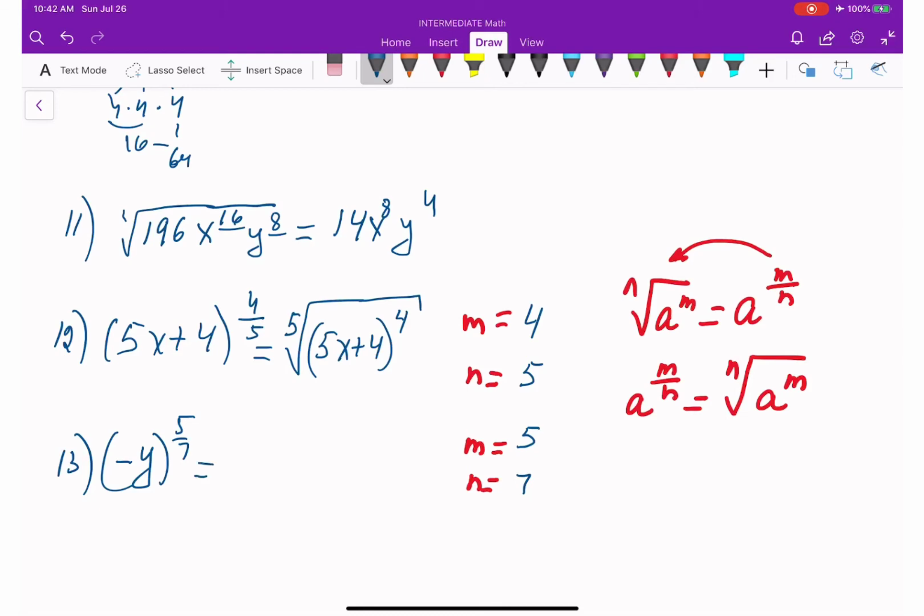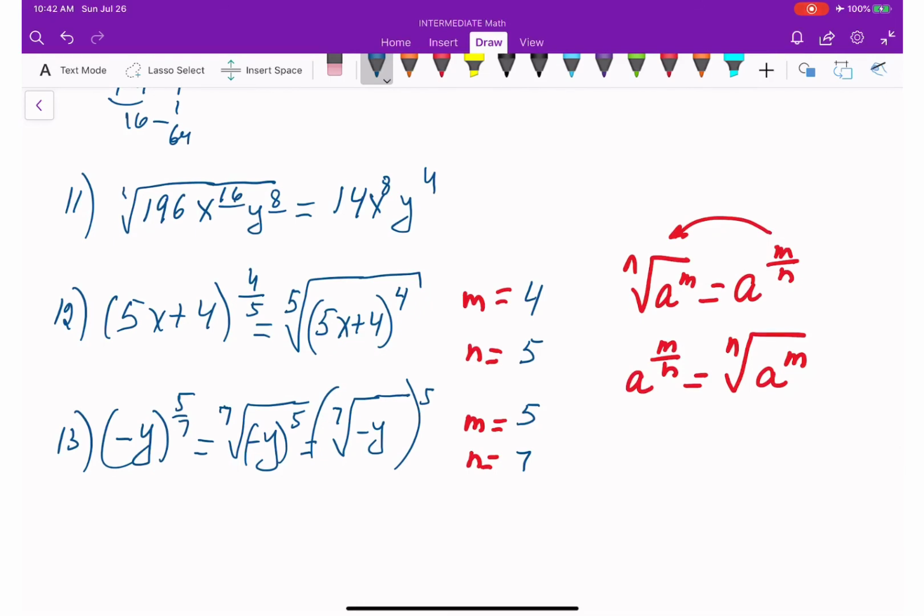From here, what we are getting? Negative y comes underneath. My m is here, I put to power 5. And n comes here, 7. Or you can also write down the way it's usually given in the textbook. So it's going to be negative y, all this in parentheses, and power 5. Okay?